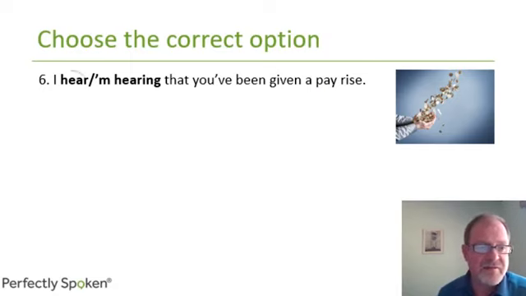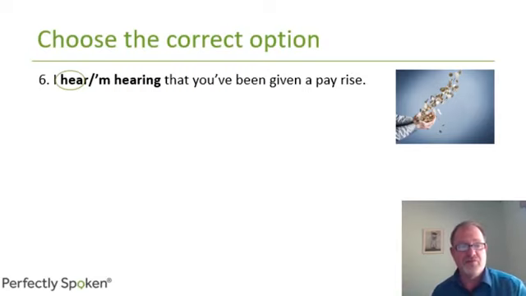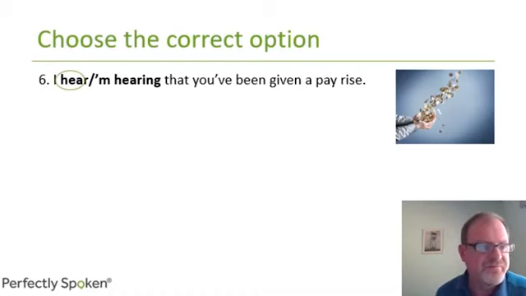Again, we use hear as a state verb, in terms of I have received information, I've been told that you have been given a pay rise. This is a structure here plus that plus a clause. You could equally say I hear you've been given a pay rise without the that. You can drop the that here.